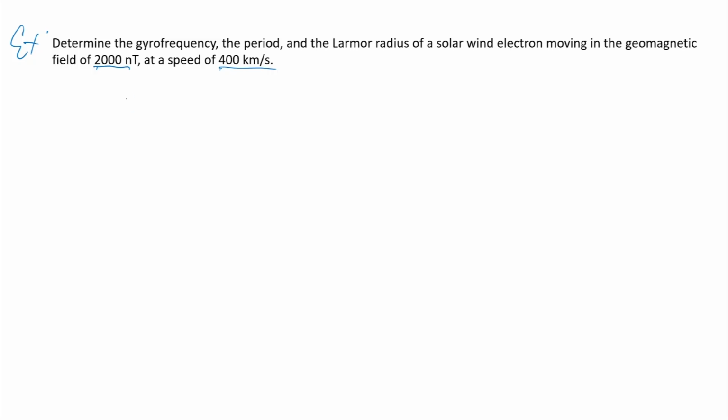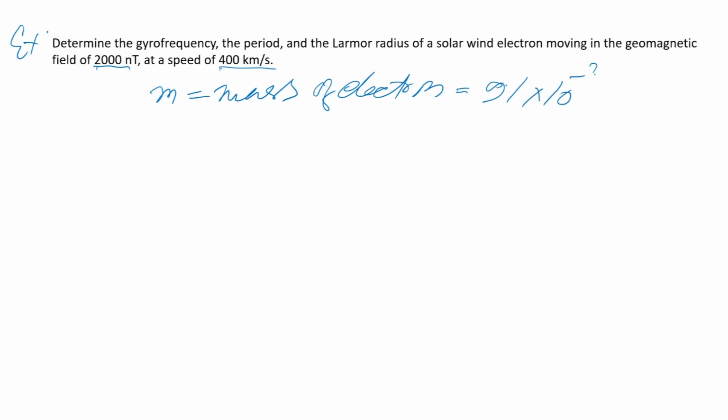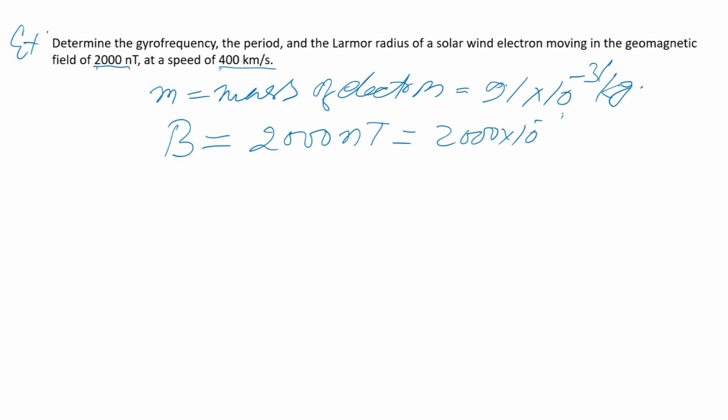First, what are the things given? m, the mass of an electron, is 9.1 into 10 to the power minus 31 kg. The given magnetic field is 2000 nano Tesla, meaning 2000 into 10 to the power minus 9 Tesla.